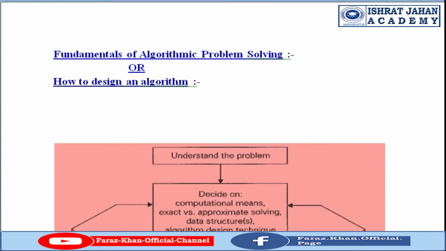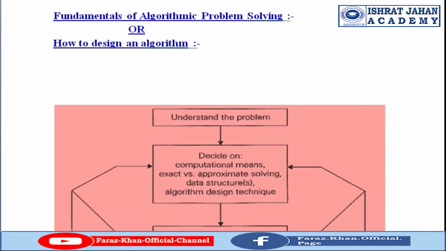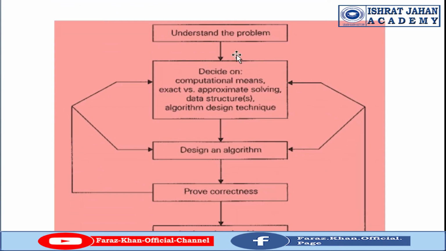Now let's move on to fundamentals of algorithm problem solving, or how to design an algorithm. Now we can understand this topic with the help of this diagram. Here we have a diagram, fundamentals of algorithm problem solving. First of all, we have to understand the problem. Decide on computation means, exact versus approximate solving, or choose the appropriate data structures, and then finally algorithm design technique, and then design an algorithm.